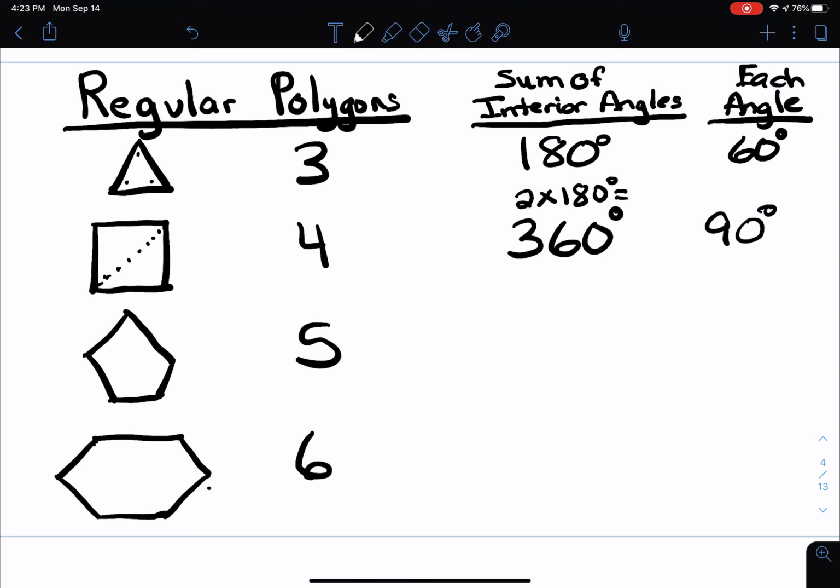So we can use that principle with the pentagon. We can start with one of the vertices and go from there each time and draw some triangles by connecting to other vertices. And by doing it that way, we make sure that the interior angles in each triangle will represent the interior angles in that pentagon too.